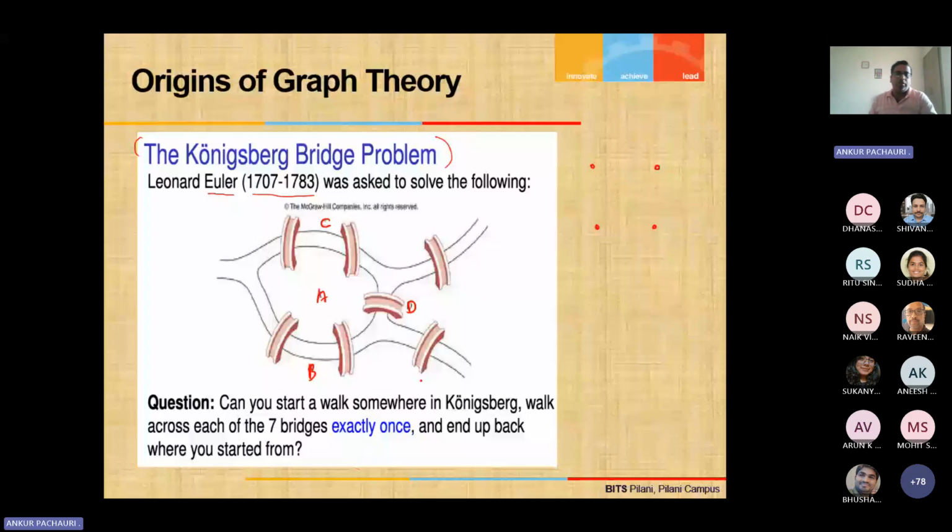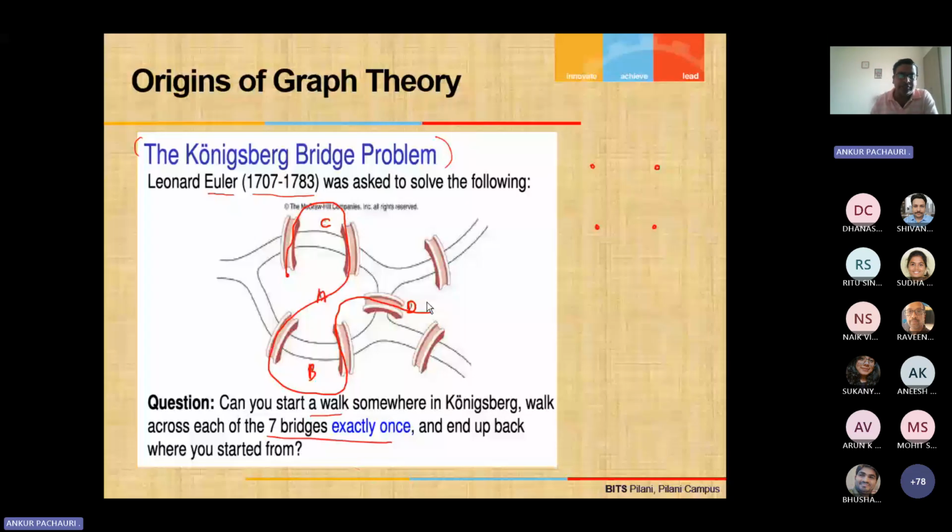The problem was that you can start a walk from any part of the city in Koenigsberg and walk across each of the 7 bridges exactly once, but you have to come back to the starting point.